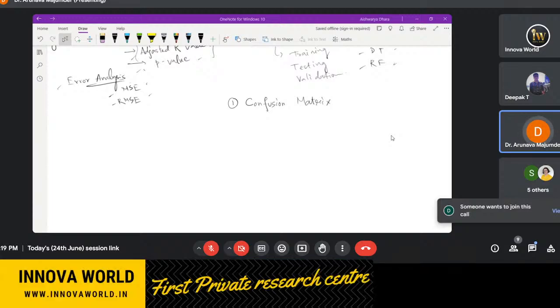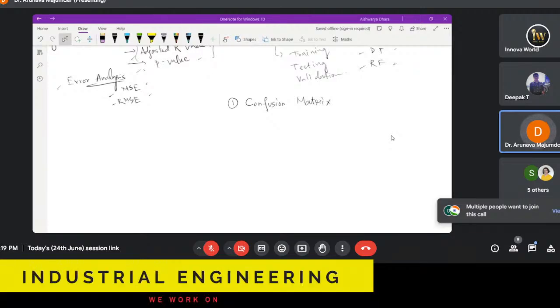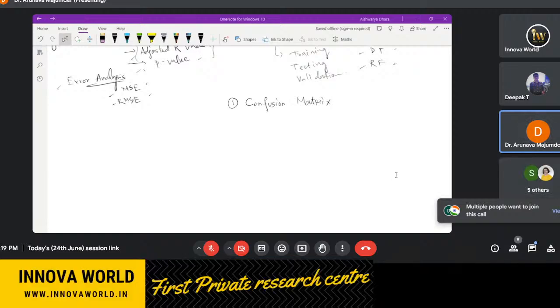Amit Kumar and Visha know what a confusion matrix is. So I assume that other than Amit and Visha, nobody else knows what a confusion matrix is. Okay, Deepak also knows, predicted values. Exactly. Yes, you are right.